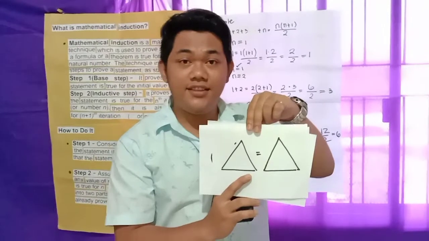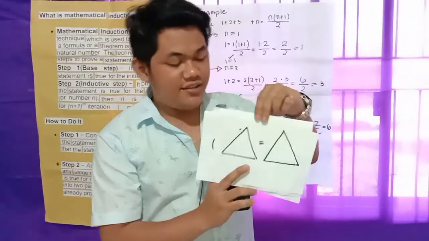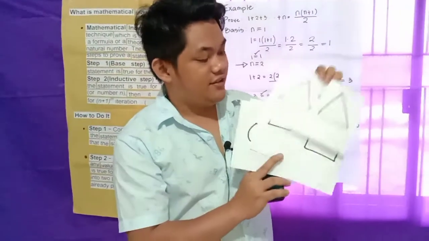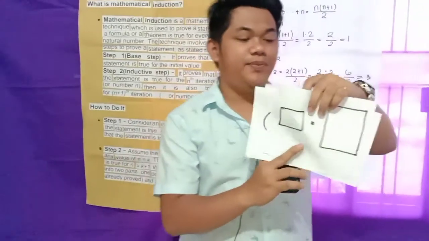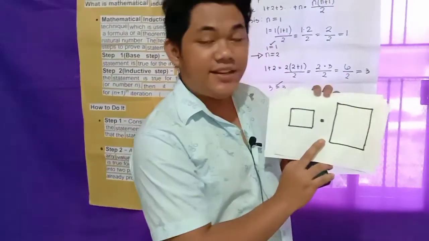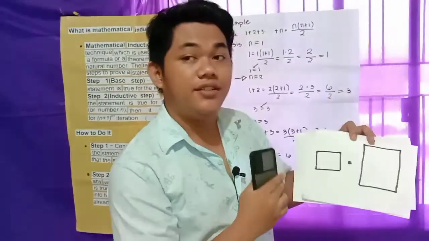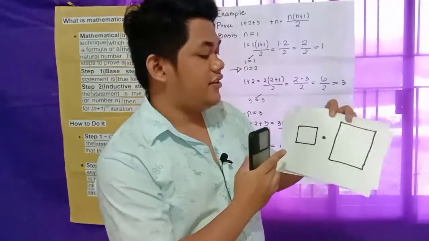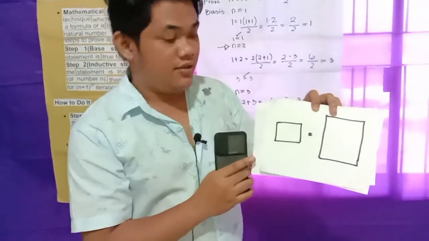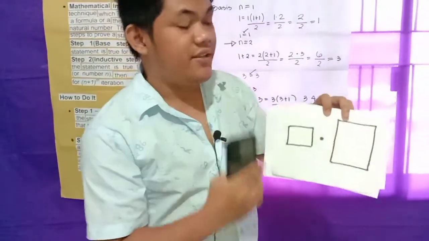Are they equal or not? Yeah, they are equal. Perfect. So, last shape. What is this shape? This is the square shape. Are they equal or not? Yes, they are not equal because the right side is small and the left side is big.